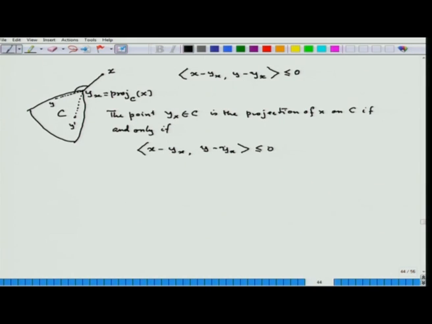So, it is an if and only if condition. It is instructive to go through the proof of this. So, we will do the proof.